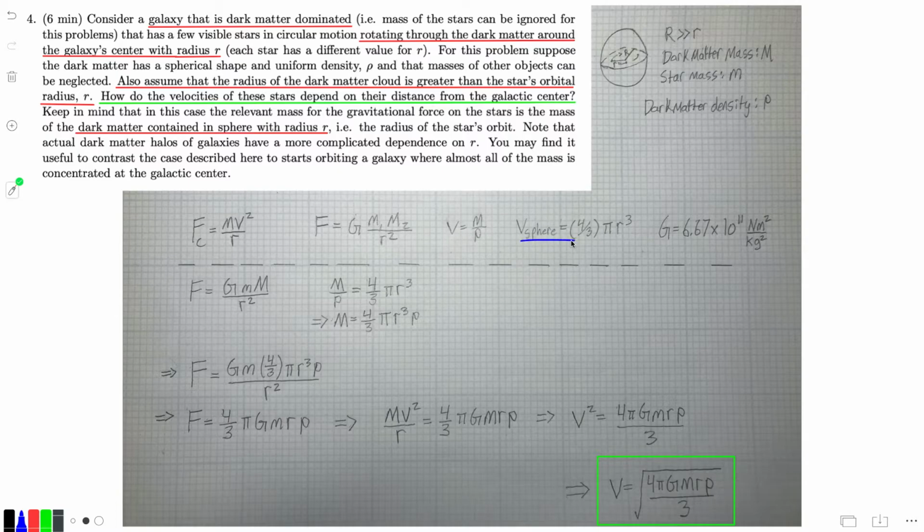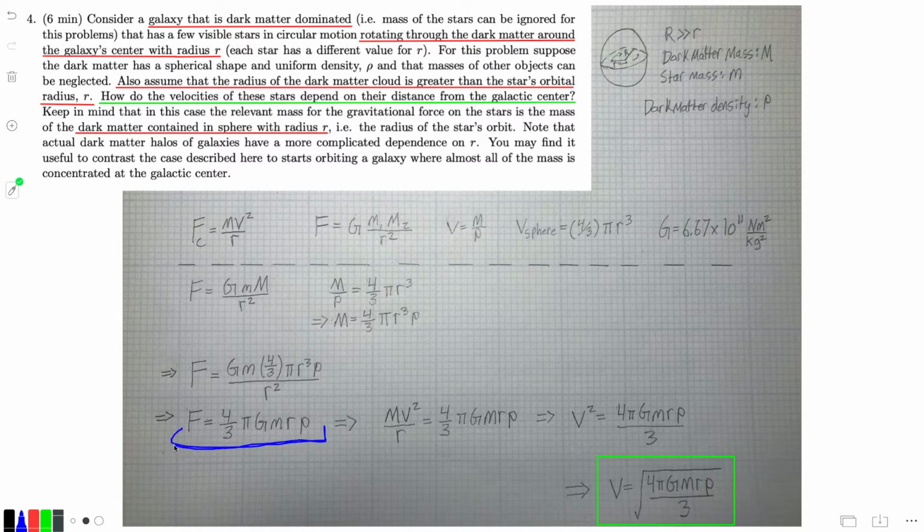So if we say that our volume of the sphere is given by this equation, we can set the two equal to each other and solve for M in order to get this out of the equation here. So I've gone ahead and substituted for uppercase M in this equation. And after a little simplification, we're left with this right here.